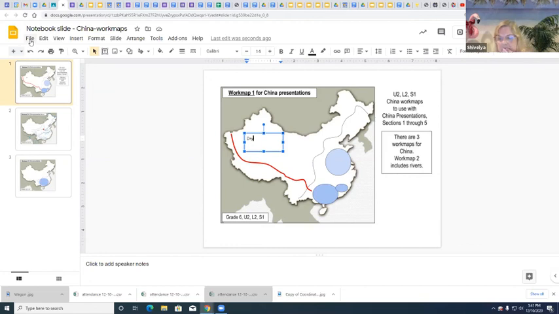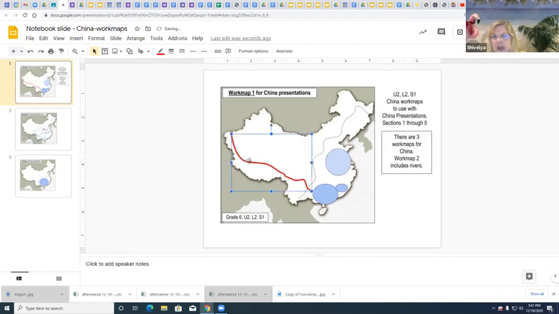The other thing is, Carol and Sharon and I, with the help of Dave also, figured out ways that we can protect the map so the kids can't destroy it or remove something from a worksheet. So we set it up as a background so that no matter how much I add to this map or how much I want to take away from it, I can't destroy the original map.